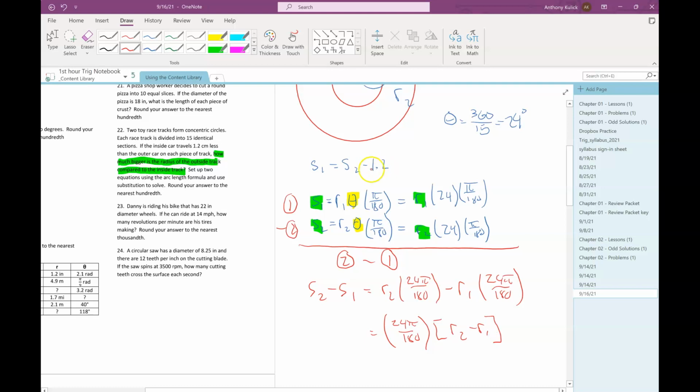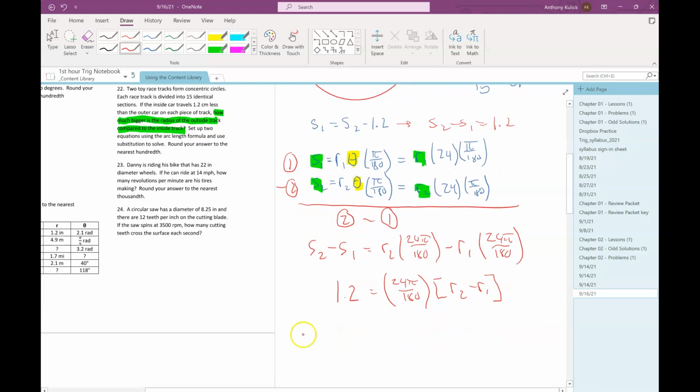I also notice that because I know S1 is equal to S2 minus 1.2, I can rearrange that by subtracting S1 from both sides and adding 1.2 to both sides. I know that S2 minus S1 is 1.2, so I can replace the S2 minus S1 with 1.2.